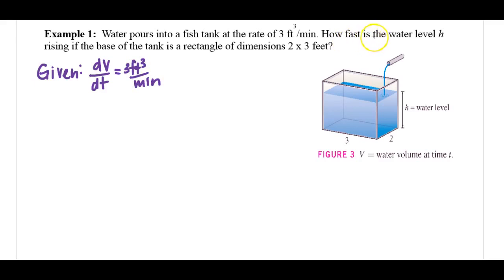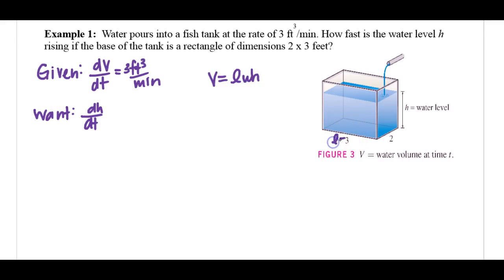And we want to know how fast the water level h is rising. So we want dh/dt, the rate of change of the water level. This is what we're interested in finding. This is going to form a rectangular prism, and the volume of a rectangular prism is length times width times height.